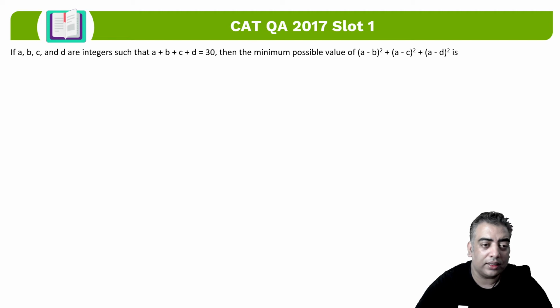Okay, here it says if a, b, c and d are integers such that a plus b plus c plus d is 30, then find the minimum possible value of these squares.